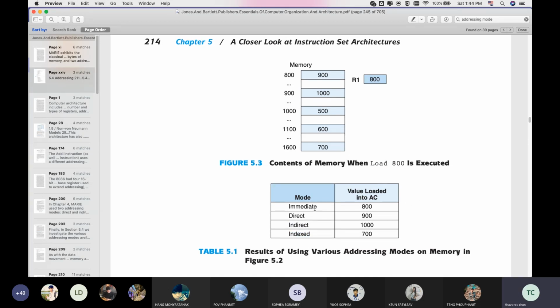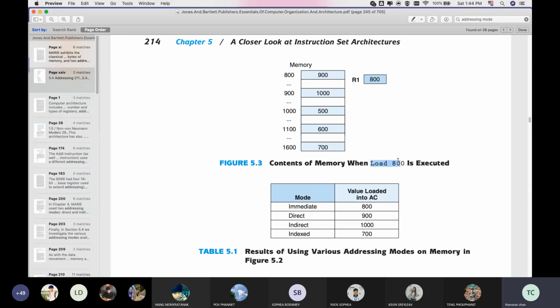If we are talking about immediate, in load 800, the number 800 is the operand, and the operand here is the value itself. So if it is the immediate addressing mode, load 800 will move the 800 into the accumulator directly.